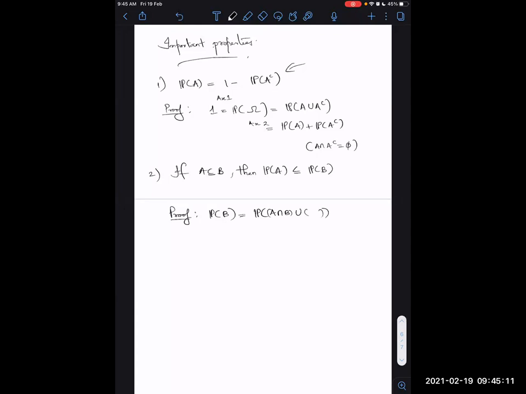What would be the second parenthesis? Oh, B minus A. So this would be B minus A if this is A and B. And now we have made A intersection B.